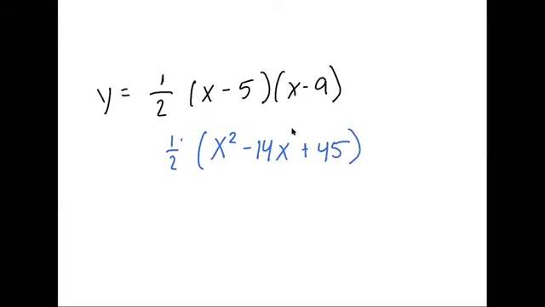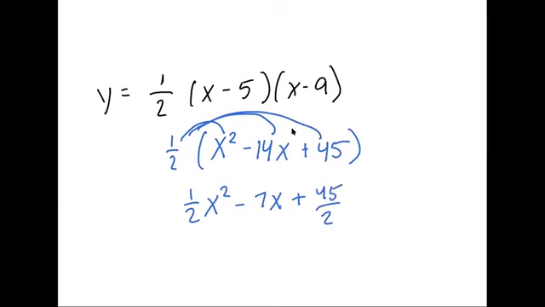When I distribute the half, I end up with 1/2 x squared minus 7x and then plus 45 over 2, which you can shorten if you want to 22.5, but I just leave it as 45 over 2.